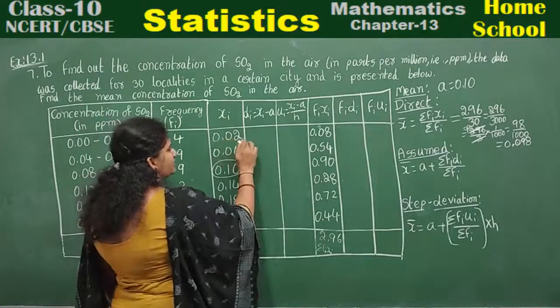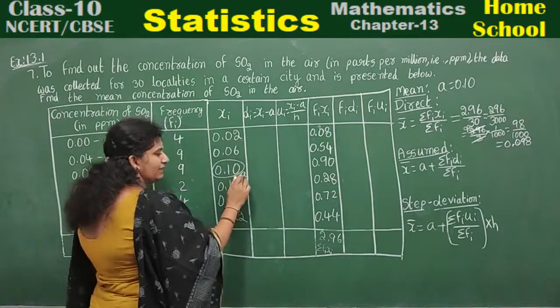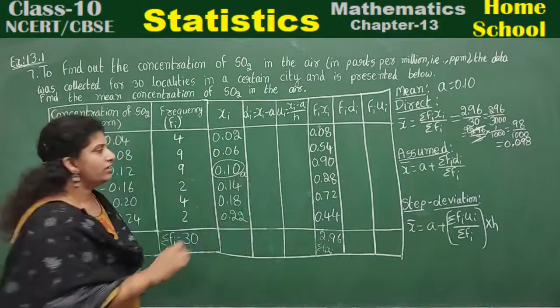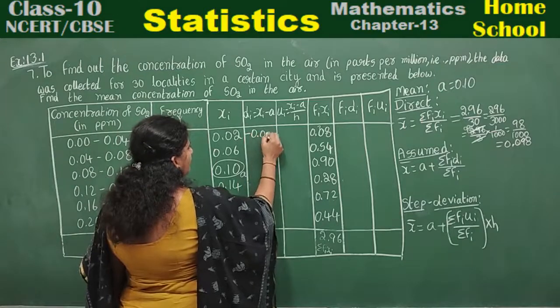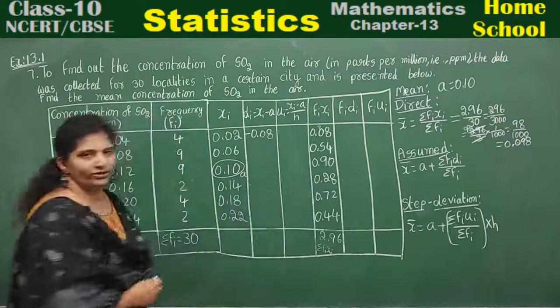Xi 0.02 minus 0.10. Subtract this, minus 0.08 you are going to get.